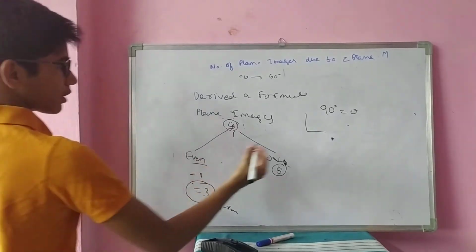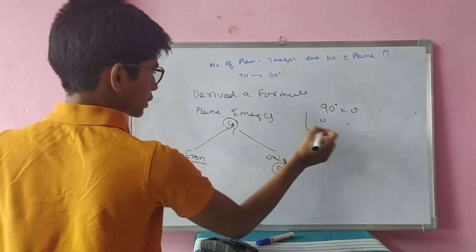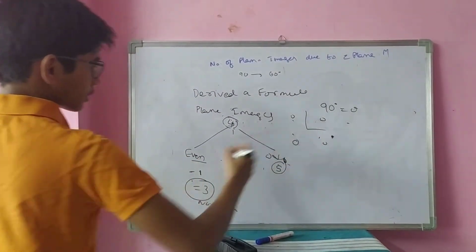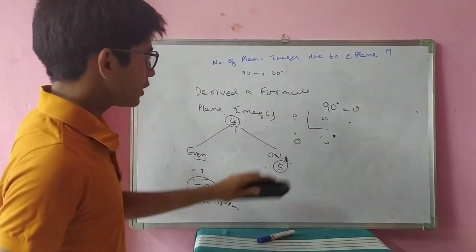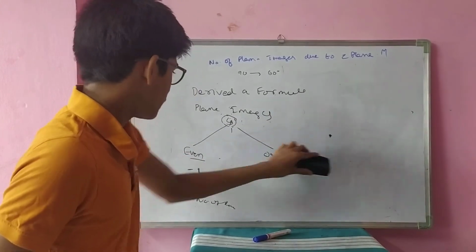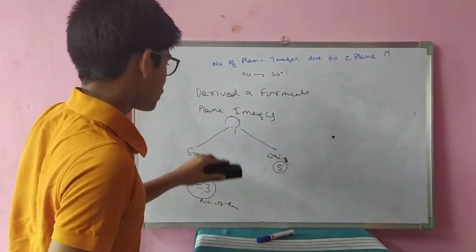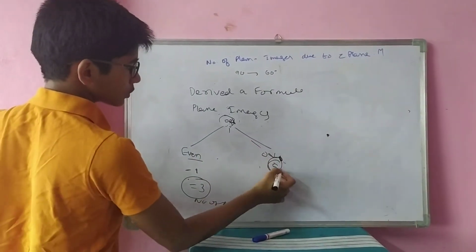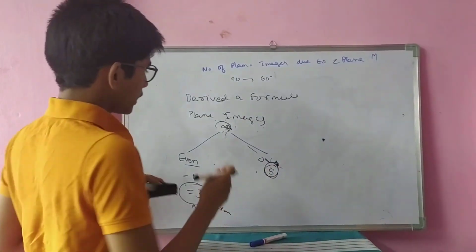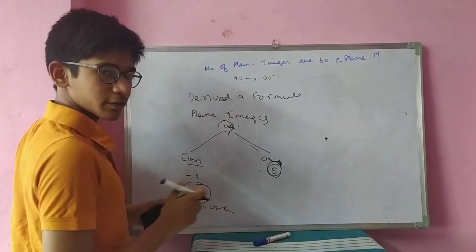These are the number of images. You could see I had already observed 1 object, 2, 3, so 3 images. By formula also I got the same 3. If the number is odd, then we directly take that number only. If the number is even, we have to subtract 1.